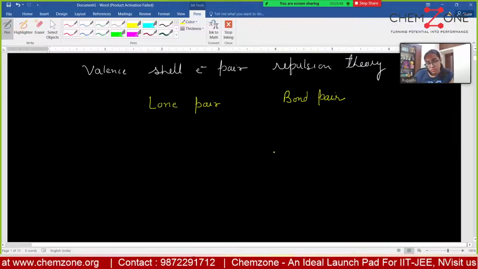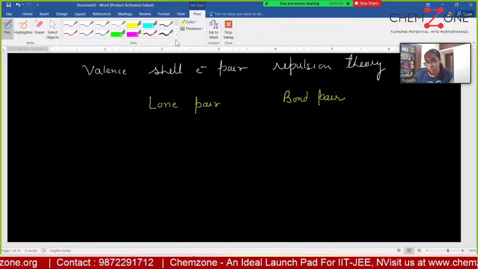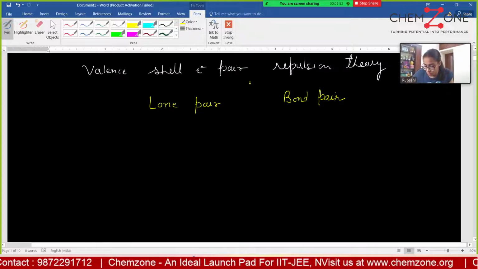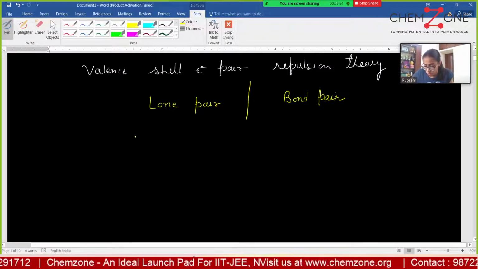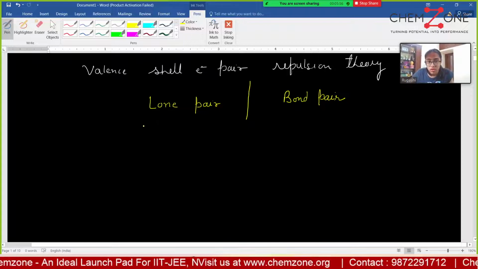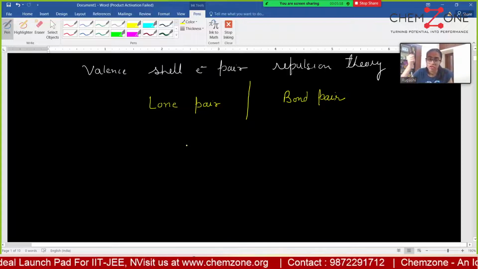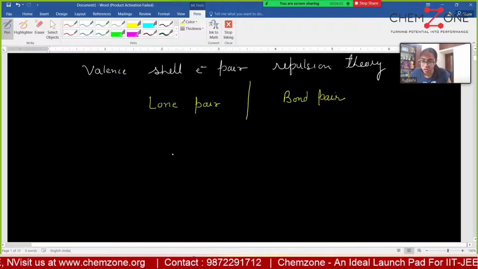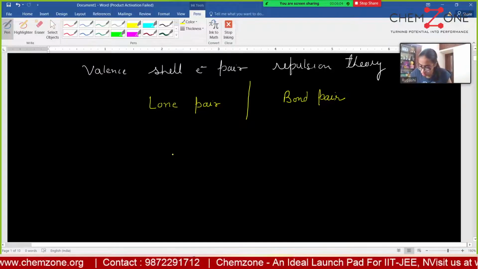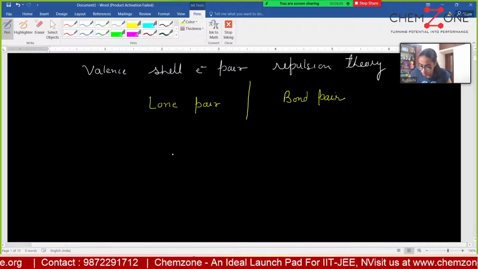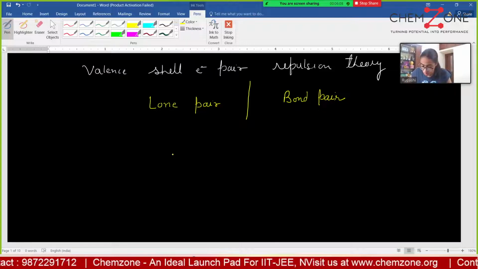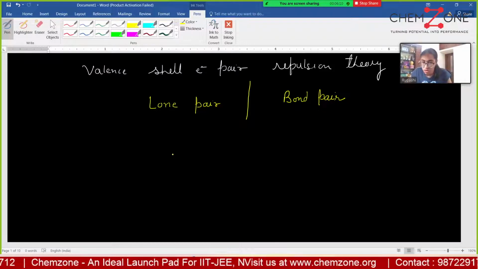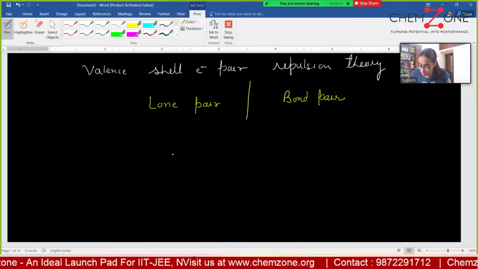What are the lone pairs? The electrons in the outermost shell that do not take part in sharing, gain or loss. They are present in the outermost shell, but they do not take part in bonding. That is called a lone pair of electrons.